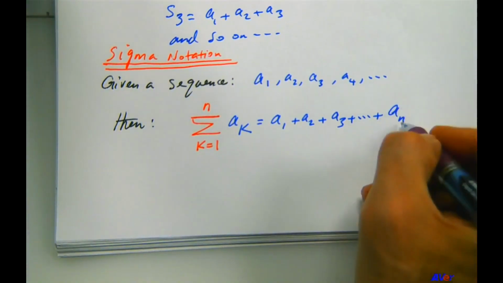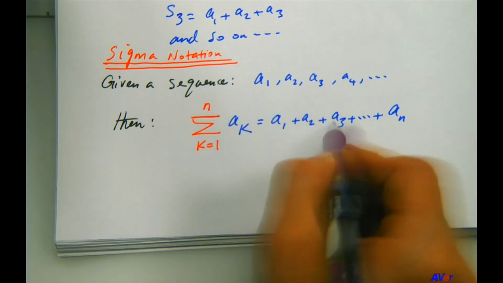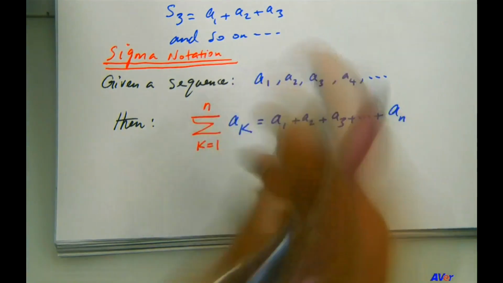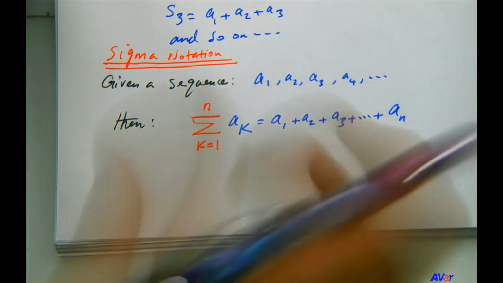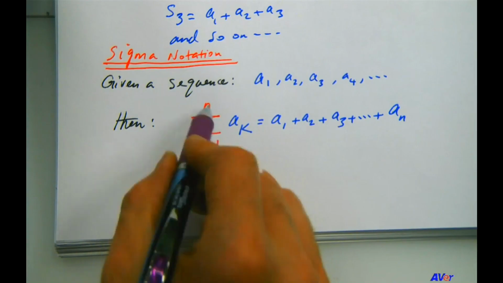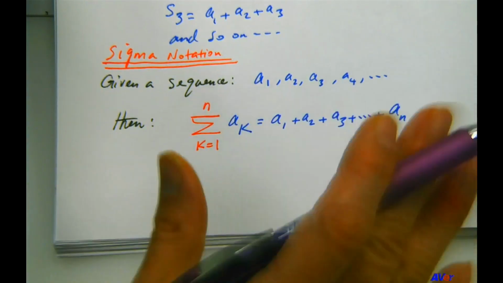If you stop at 50, then this goes from 1 to 50 and adds all 50 numbers there. If you go from 1 to 12, then that will just add 12 terms, A1 through A12. If you go 1 through 5, it'll add 5 terms, first term through the 5th term.